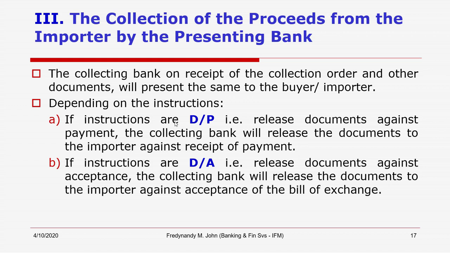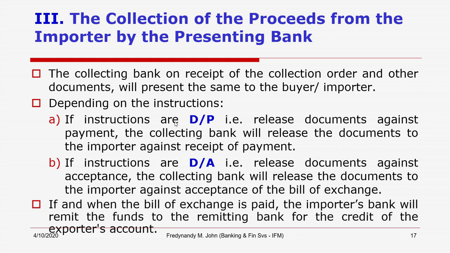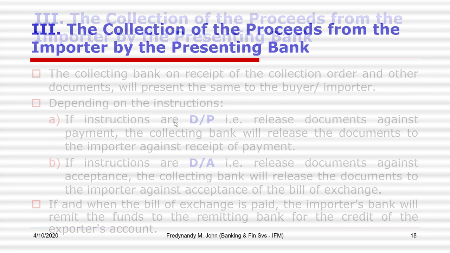In this setting, you can see that the bill of exchange that is suitable under this arrangement should be the tenor draft or usance, because that is the type of bill of exchange that defers payments. If and when the bill of exchange is paid, the importer's bank will remit the funds to the remitting bank for the credit of the exporter's account.